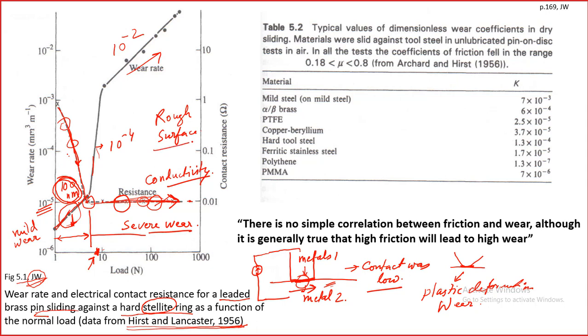So if you see a rough surface, then that means wear is in the severe range. So for example, in a machining process, you don't want the machined surface, the new surface, to be very rough. But if it is rough, that means the parameters need to be changed so that you bring it down to the mild wear regime.